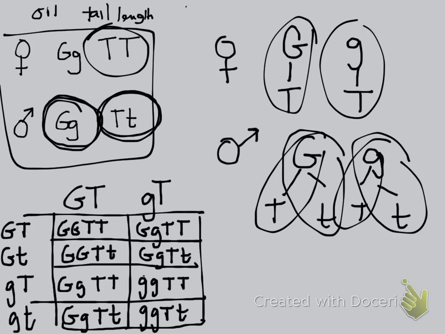And then you're done. Now you just have to figure out all the genotypes that exist and all the phenotypes that exist.